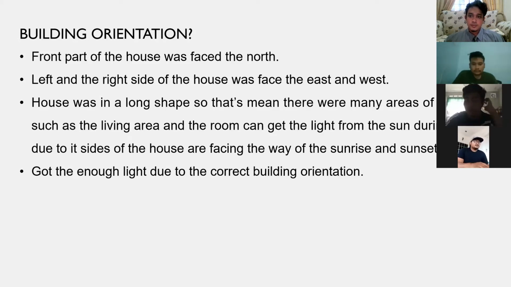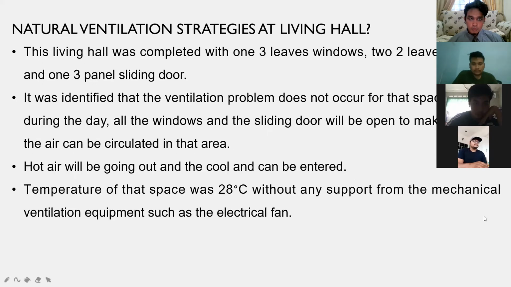So for the natural ventilation strategies at the living hall, this living hall was complete with one three-leaf window, two-leaf windows, and one three-panel sliding door. It was identified that the ventilation problem does not occur for that space because during the day, all the windows and the sliding door will be open to make sure that the air can be circulated in the area.